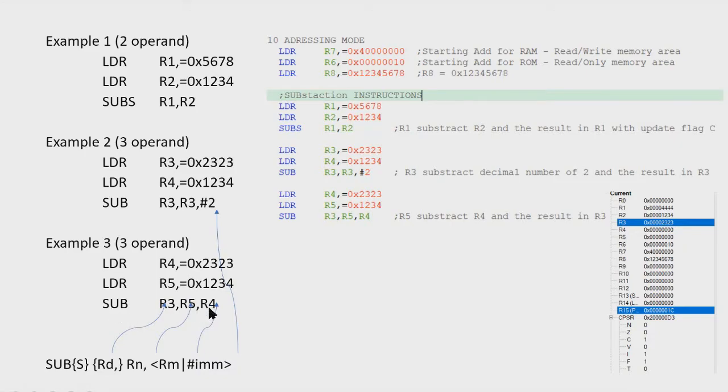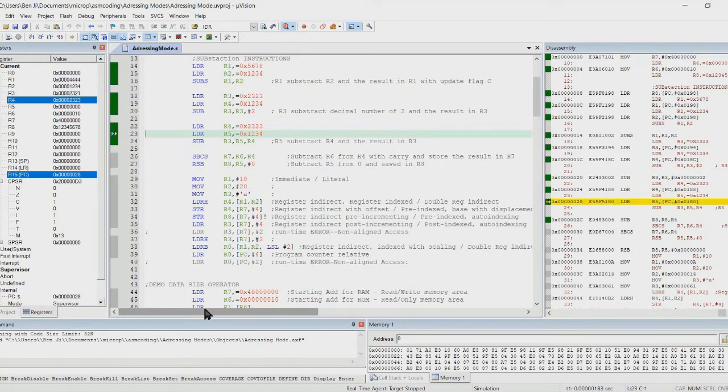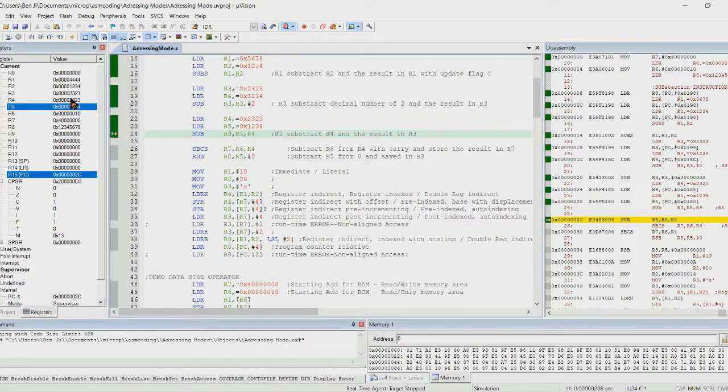So we go to Keil, load R4 with 2323, load R5 with 1234, and we SUB R5 with R4, and the result is at R3 here.